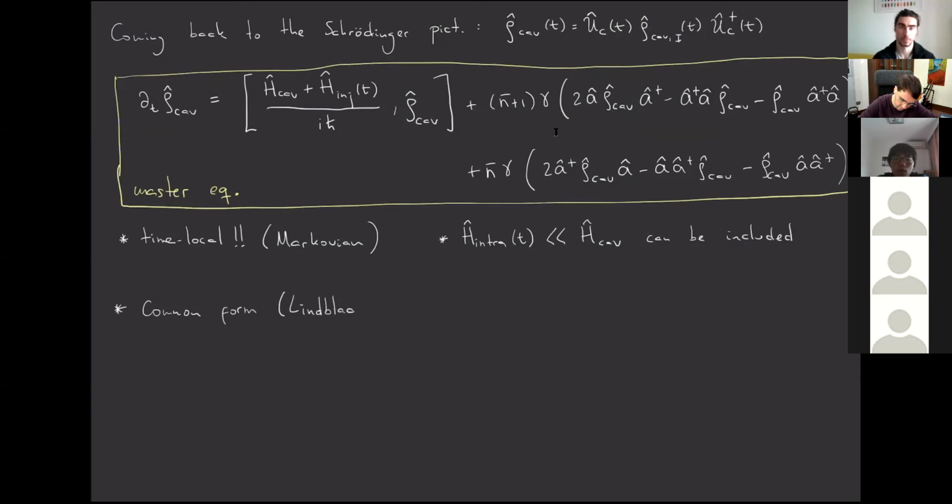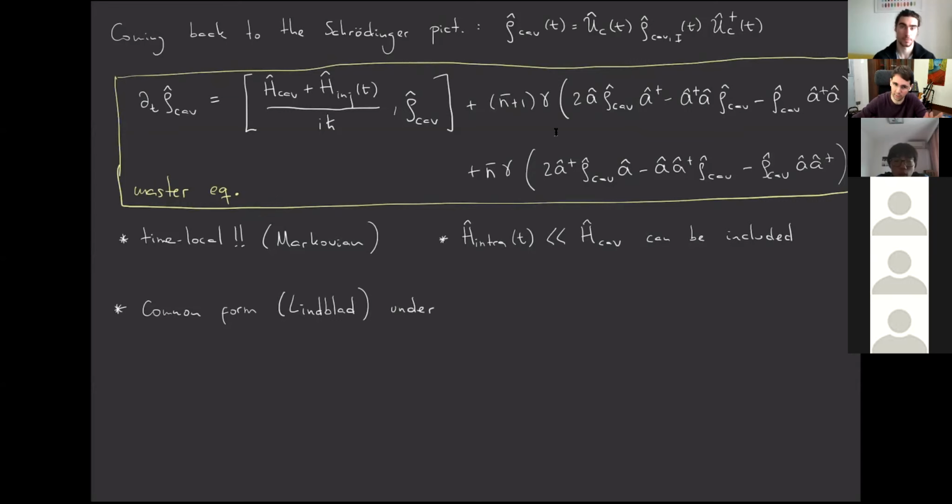Lindblad. Okay. So this kind of master equation that I have written, we say that it has Lindblad form. Lindblad is a scientist who developed these kind of things, I think, in the 70s. But the point is that this is a common form.